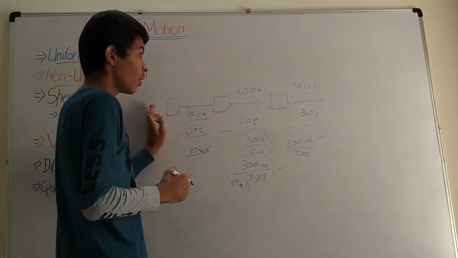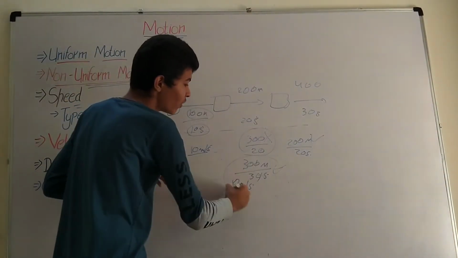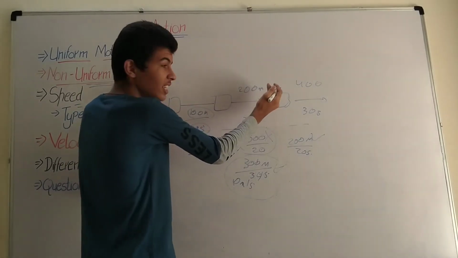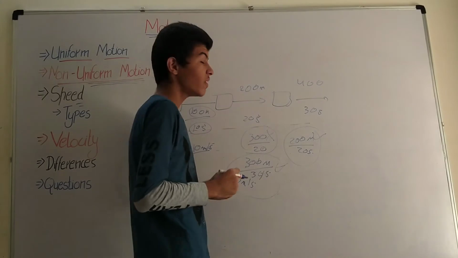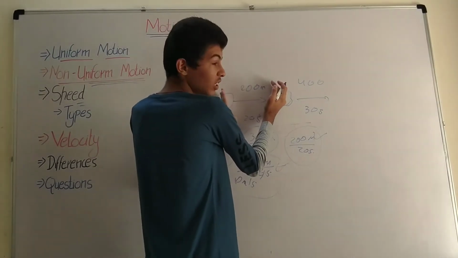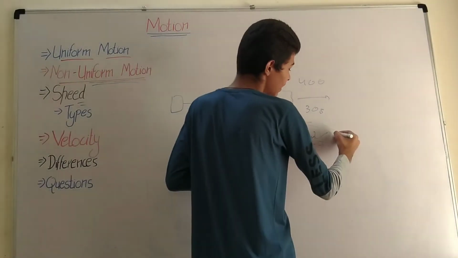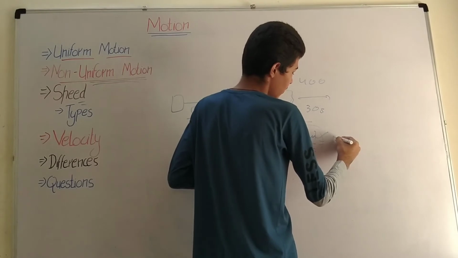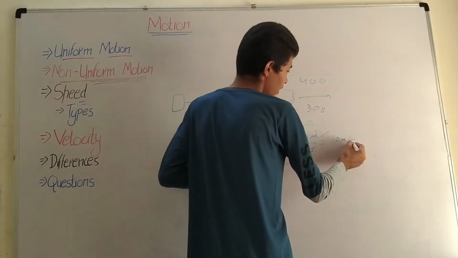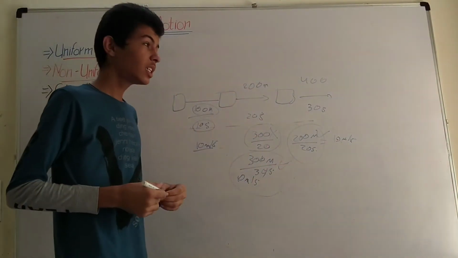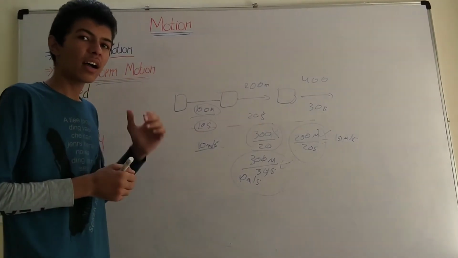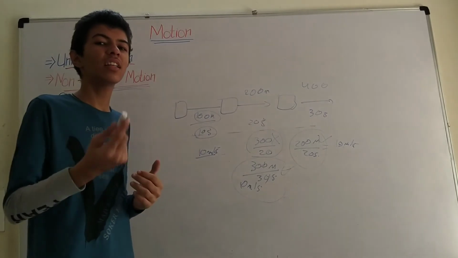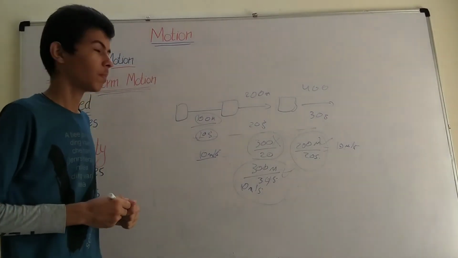But now this speed is for the total distance which the body has traveled up to that point. And this is the speed of the body which has traveled up to this distance, which fortunately comes to 10 meters per second. These both are equal because it is uniformly accelerating; I will explain the term acceleration in a later part of this chapter.